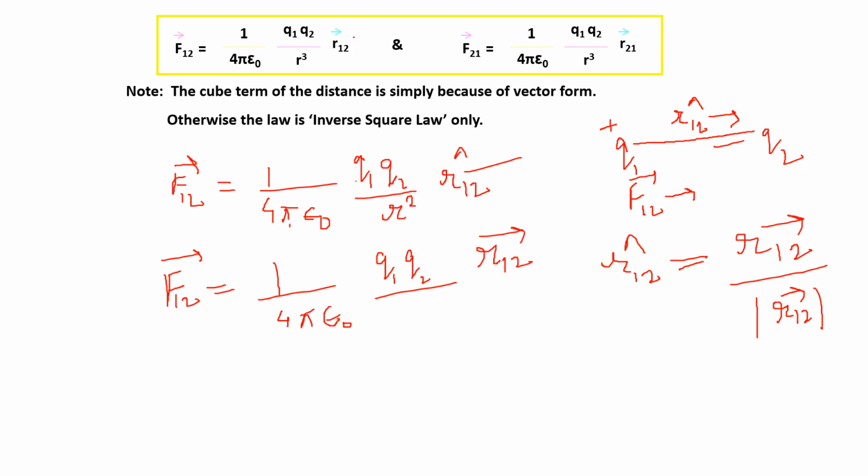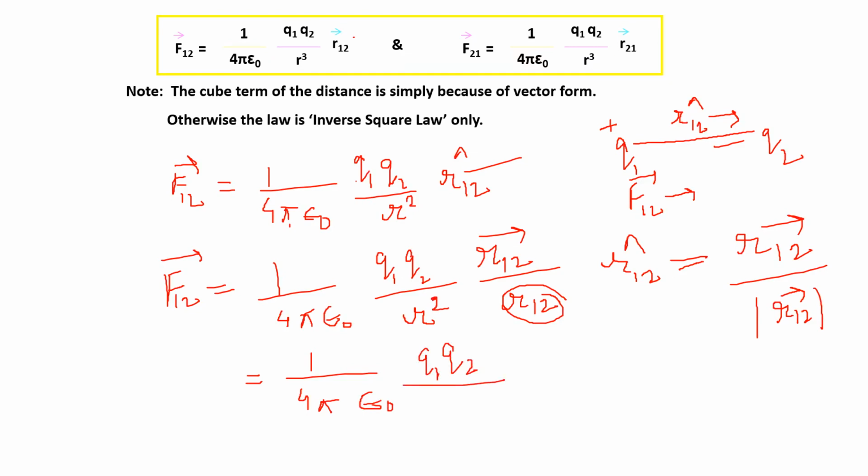R12 is the distance between the two charges. The magnitude of R12 or R21 is always equal to r.